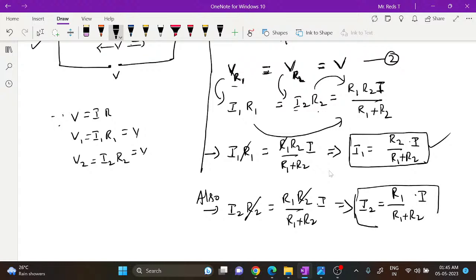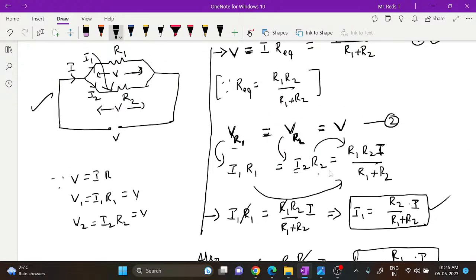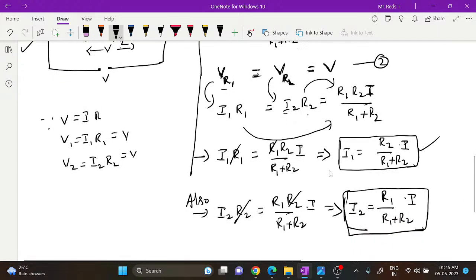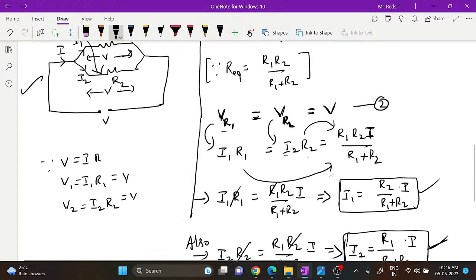Here also, if you observe, I2, the current in the resistor R2, is equal to the resistance of the other resistor, that is R1, by the total resistance into the total current. This is how you have to remember the expressions for currents I1 and I2 by using the current divider rule. We use this frequently while dealing with circuit theory in the current electricity chapter.